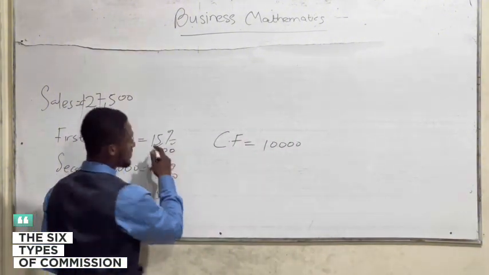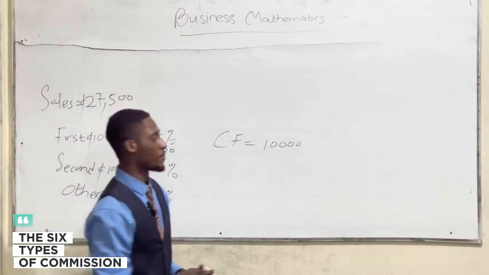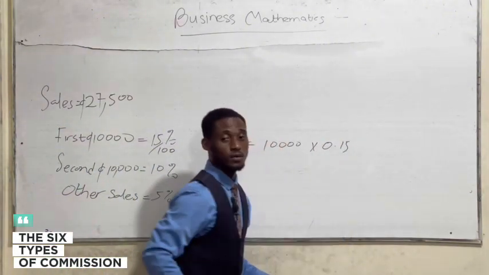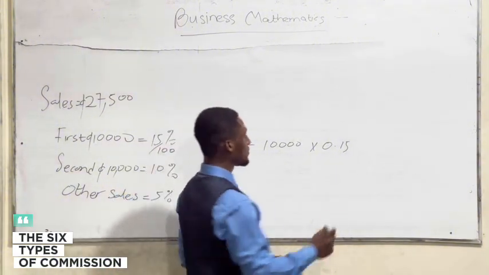And the rate is always divided by what? 100. So you multiply it by 0.15, getting 1,500.